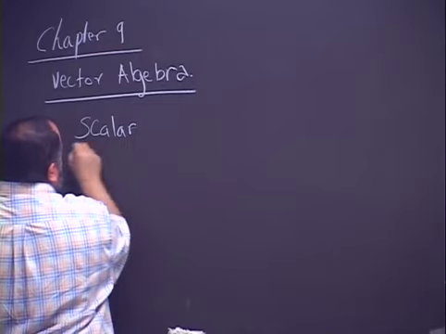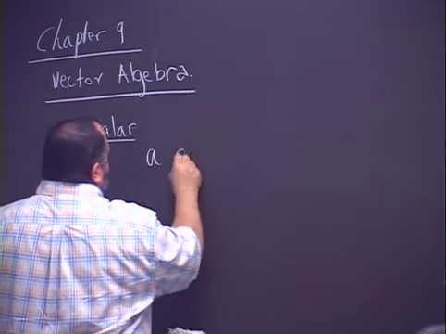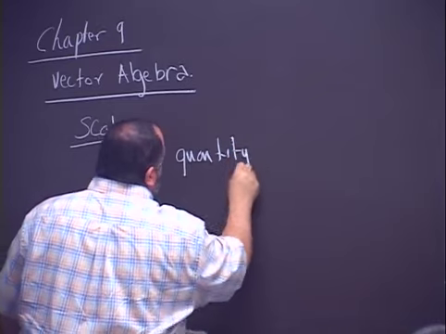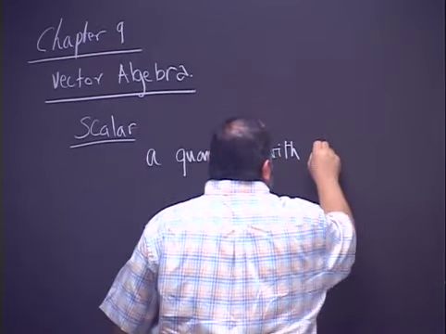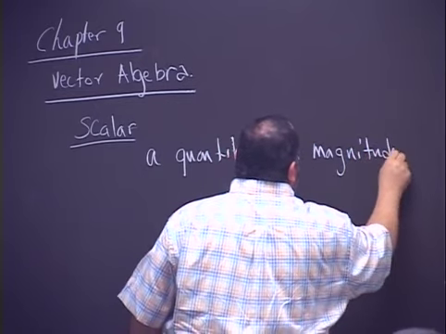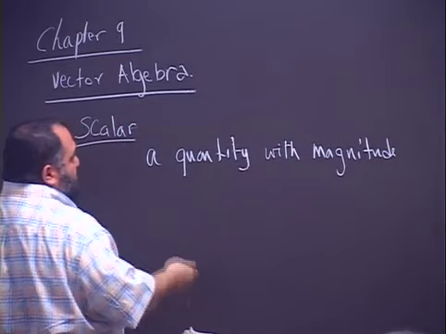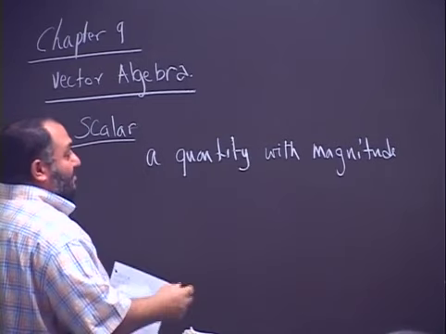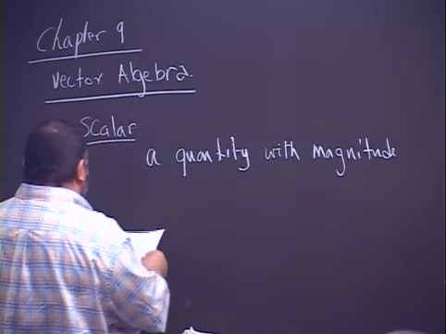We'll define a scalar, and the scalar is a quantity with only magnitude. So it does not have any direction, just magnitude, something like temperature, pressure, and so on, numbers 2, 3, 4, 5. So this is called scalar.